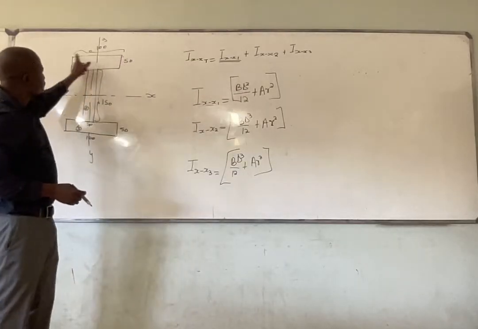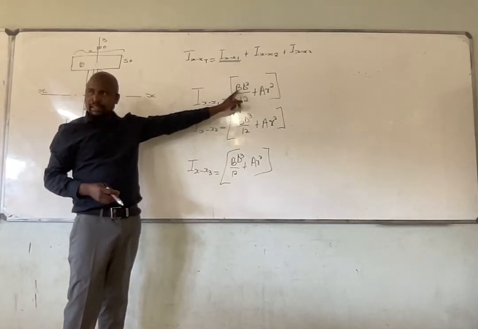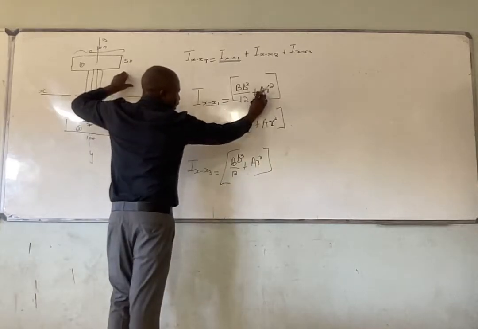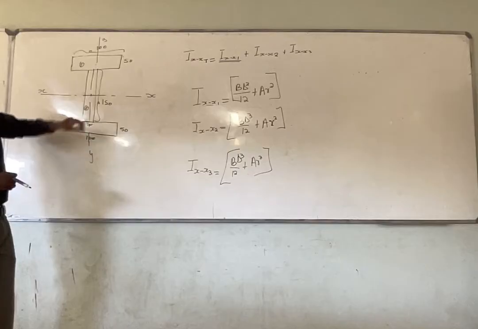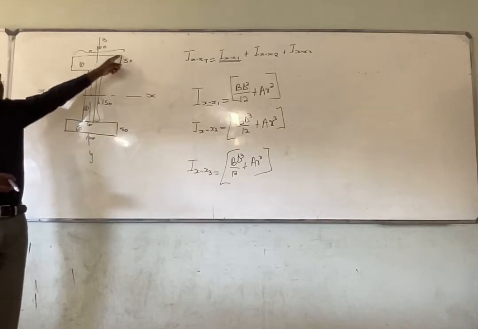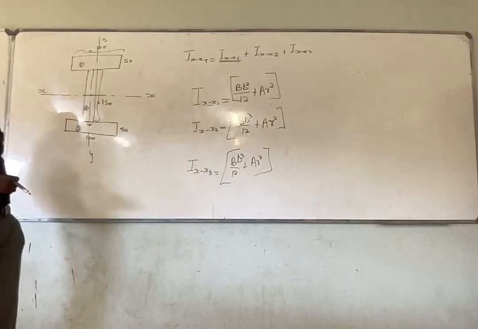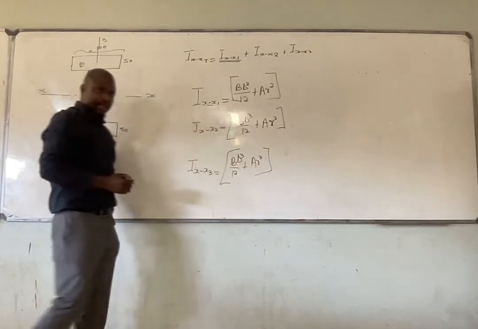The horizontal one will be 100. You get the part, me? So when you come to this one, A is an area. The area will be 100 multiplied by 50. What about R?